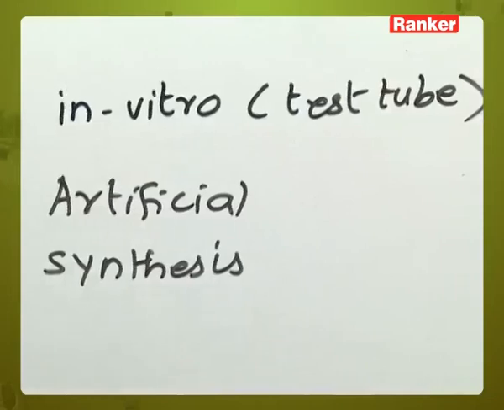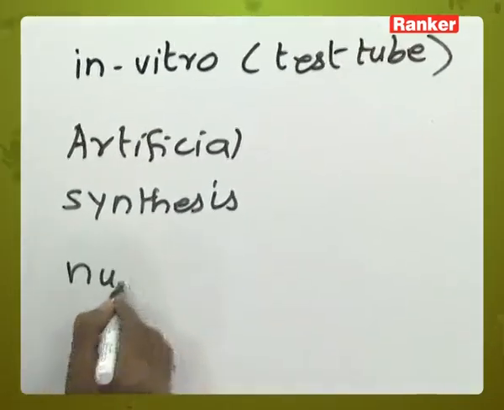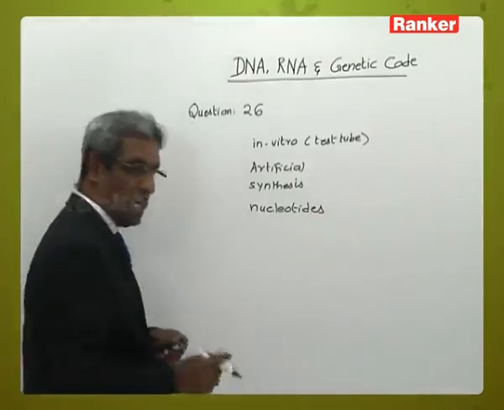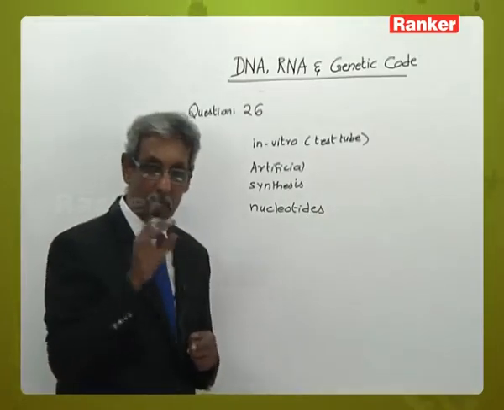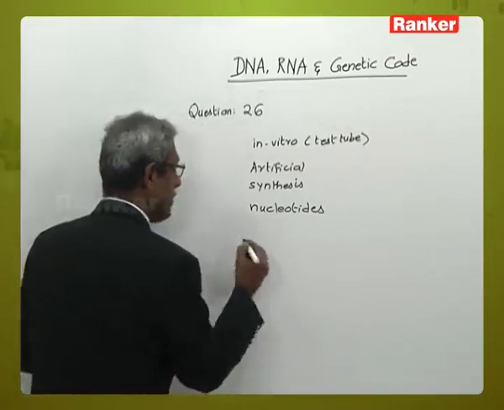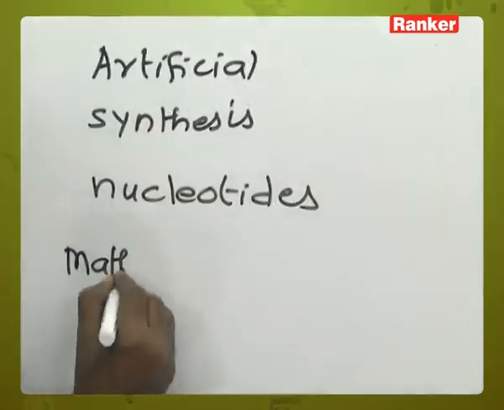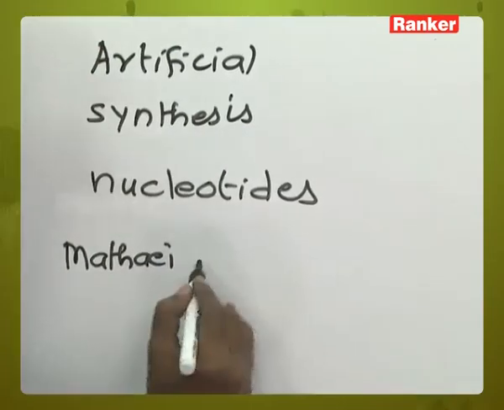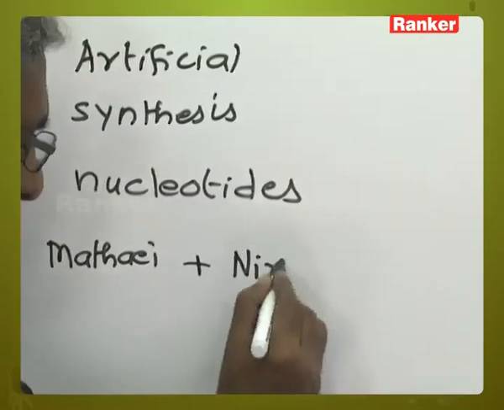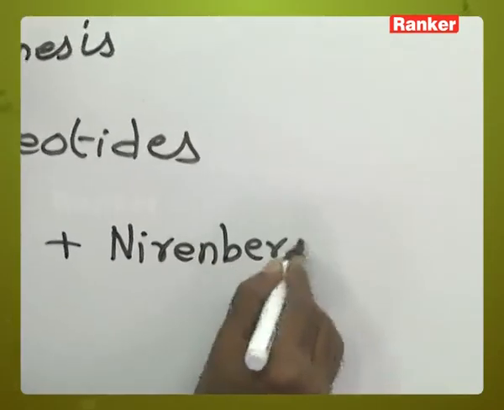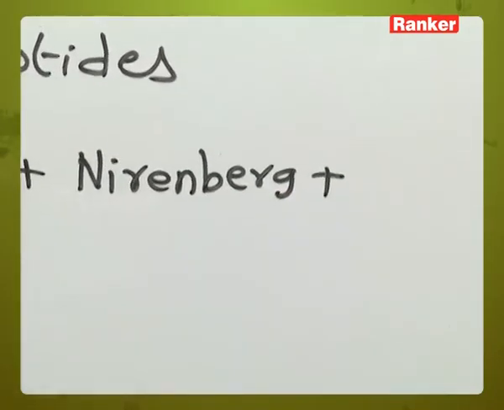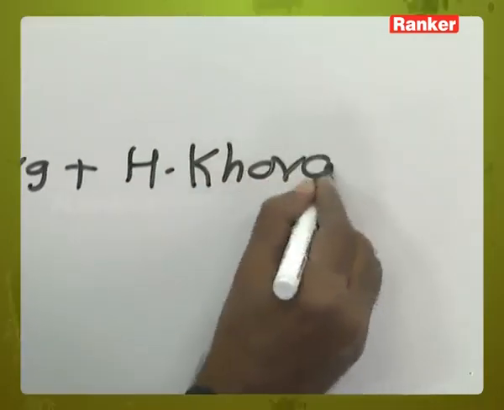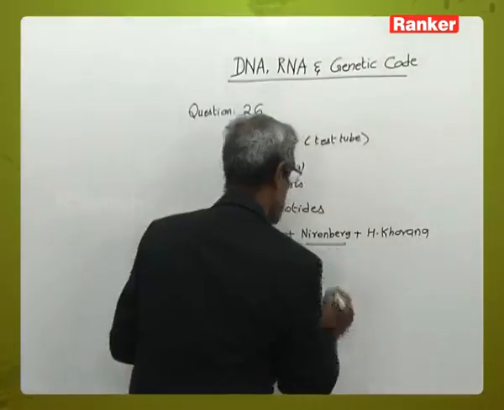So, the artificial synthesis of nucleotides, that is how the nitrogen bases join together, was discovered by Matthaei, along with Nirenberg and Har Gobind Khorana.